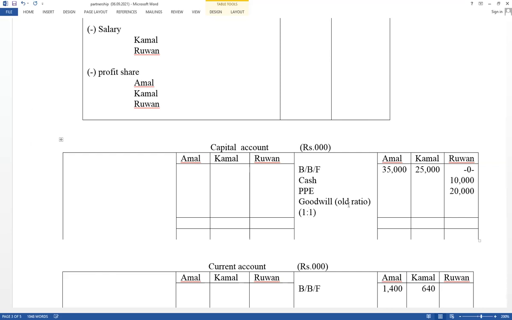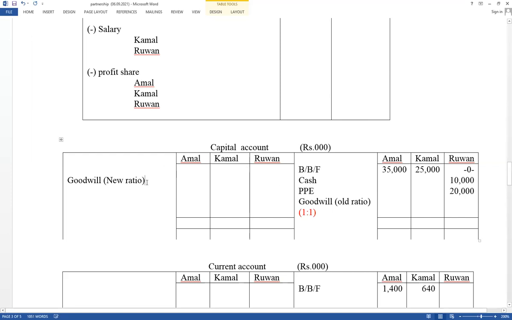Therefore, two partners are available. Old ratio equally 1:1. And new ratio debit, as goodwill, should be adjusted to the partners' capital accounts. New ratio debit as goodwill. Therefore, here the new ratio. Old ratio credit, new ratio debit.